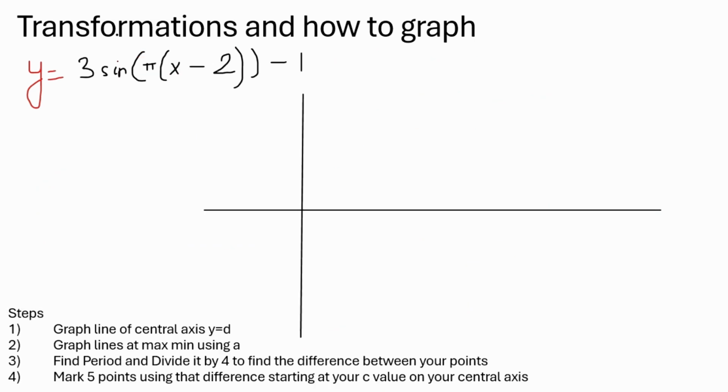Okay, and now how to actually graph these functions. So the steps are as follows. Take your D value, okay, and you make a line there. So at y equals -1, make a line. Okay, this is your central axis.